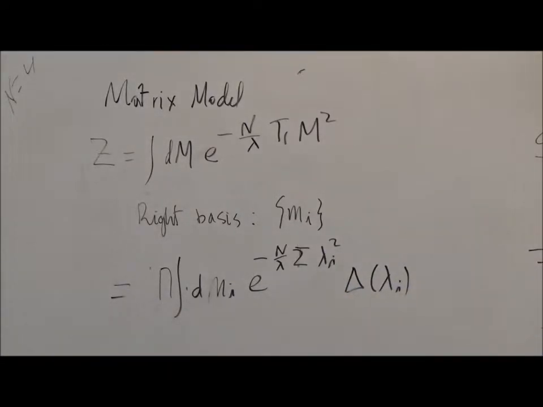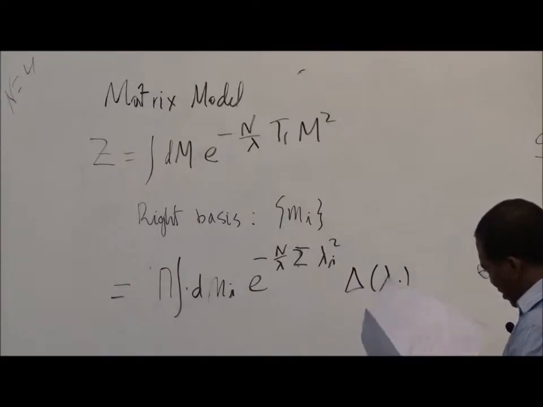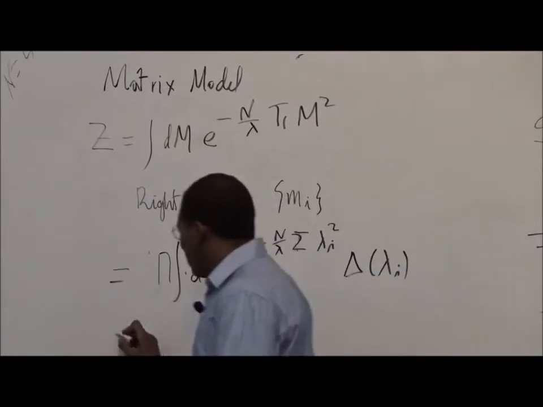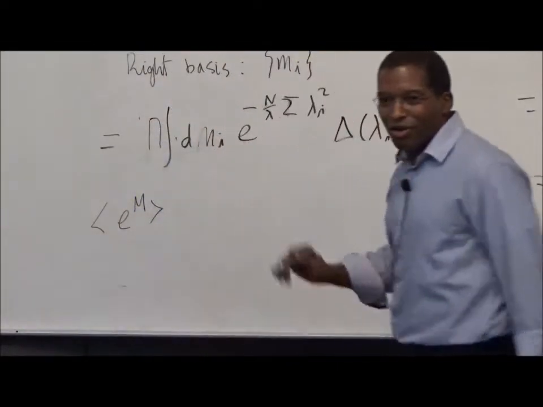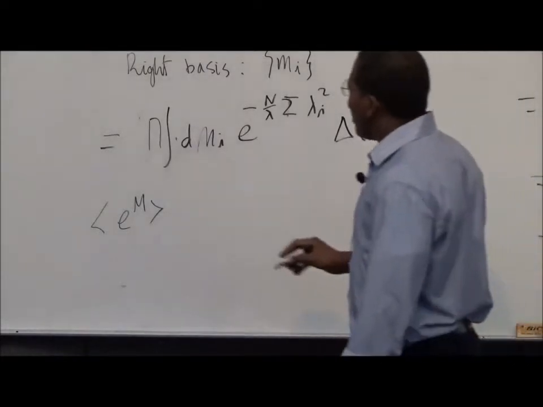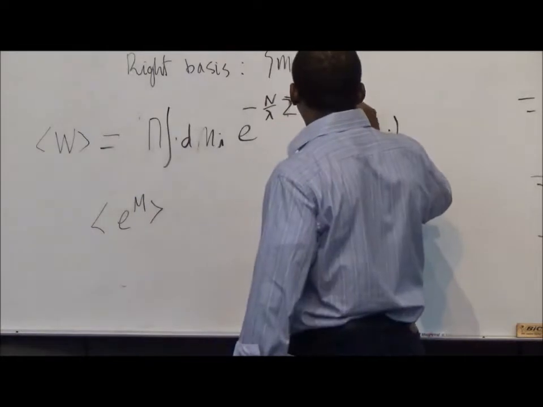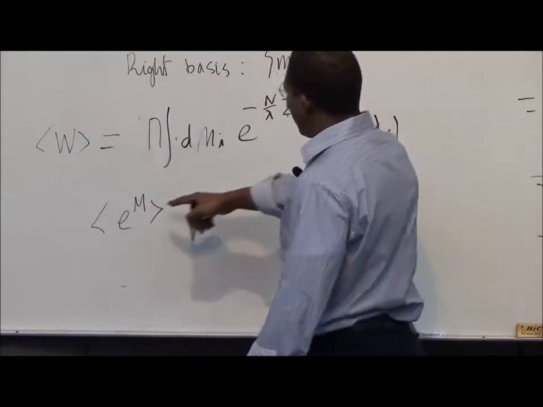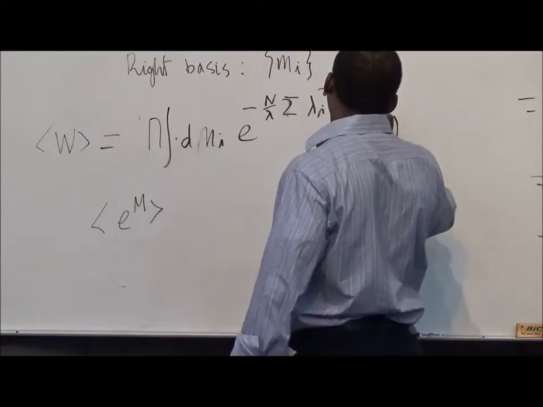It became essentially, I told you, the whole path integral went to a matrix, which I will also call M. And essentially what I'm computing is going to be the expectation value of e to the M in this case. That's what the Wilson loop is going to be. So now I have to sum here. Essentially again, I go to the same basis, something like this.